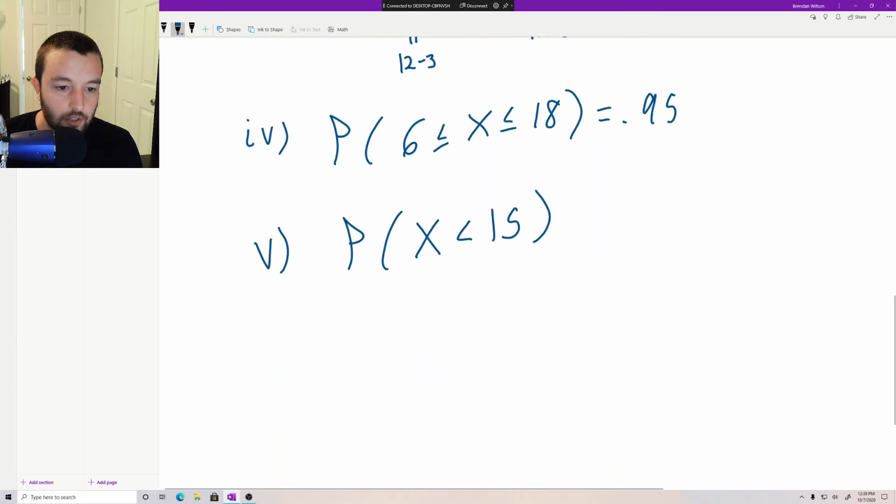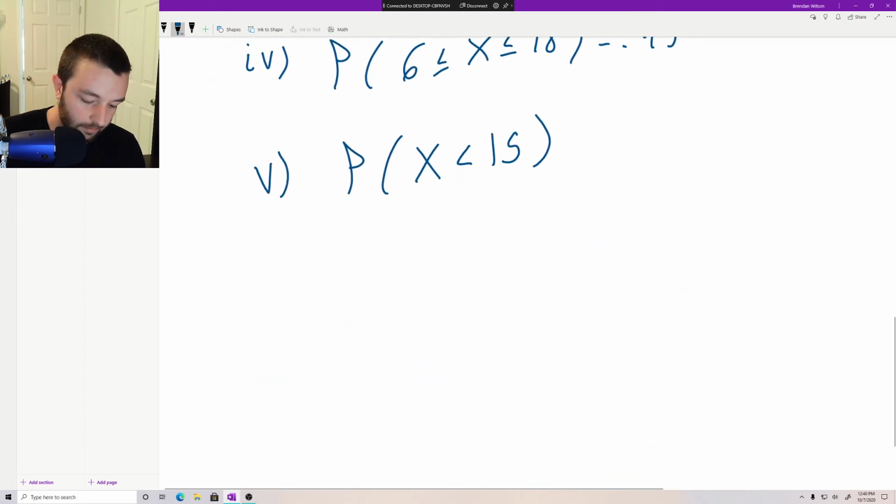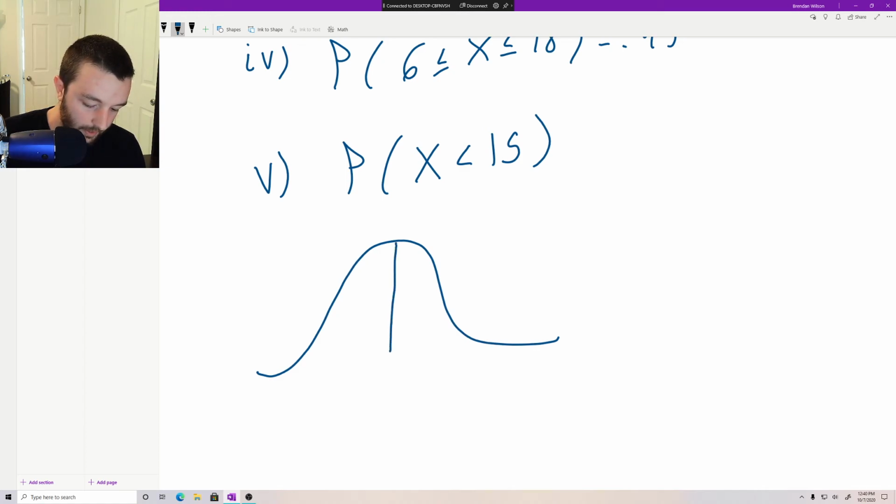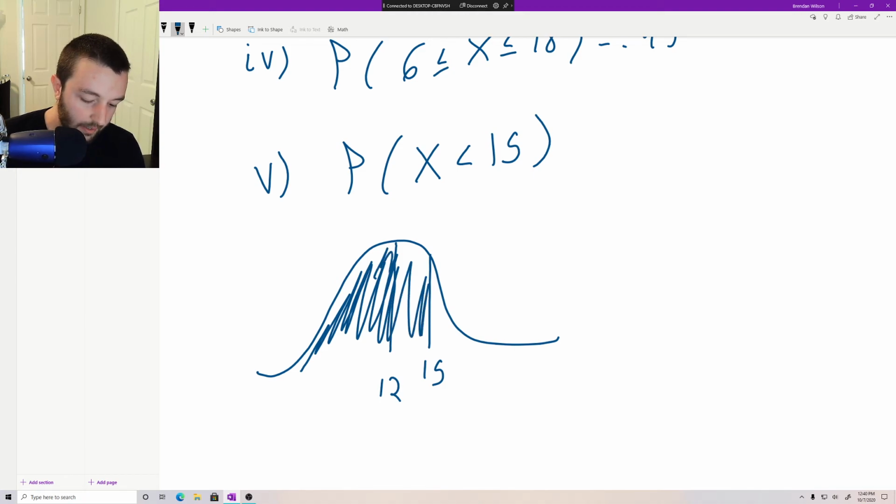So let's redraw the picture here. Okay, so here is 12. Here is 15. So we're looking for this area. Now we can't just find the area underneath the curve, because we don't have calculus.